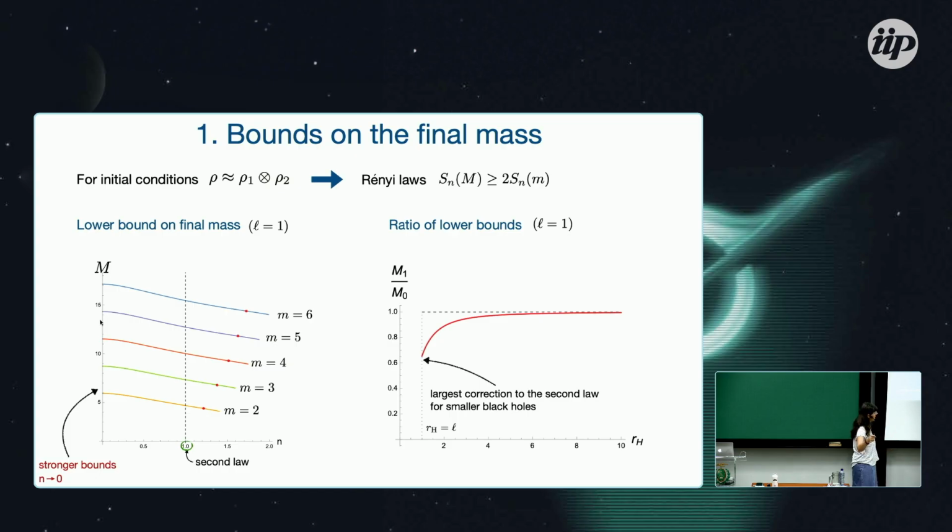For large black holes that collide, these two bounds coincide, because large radii correspond to large temperature in AdS, and at high temperature one can show that the Renyi entropies all become proportional to the entropy, so the constraints coincide. The largest correction instead comes from black holes which are closer to the Hawking-Page transition.